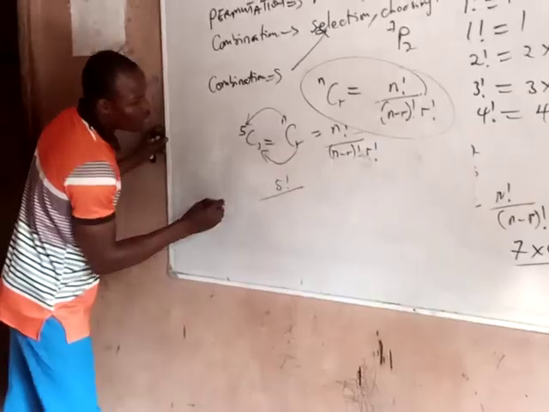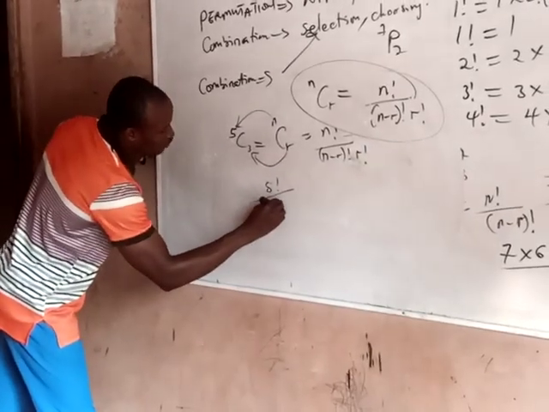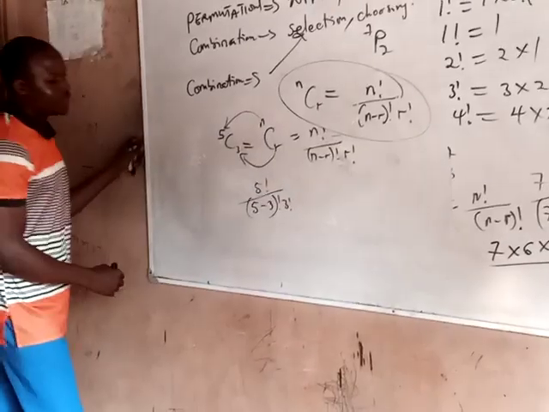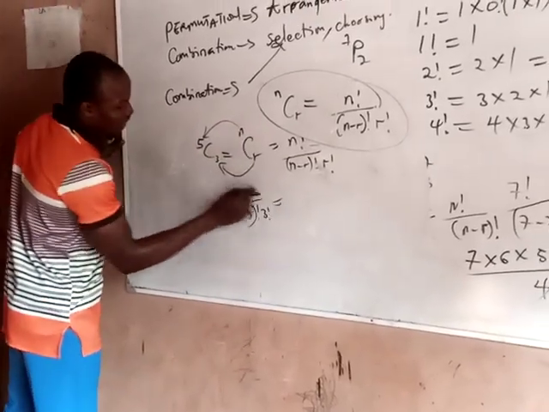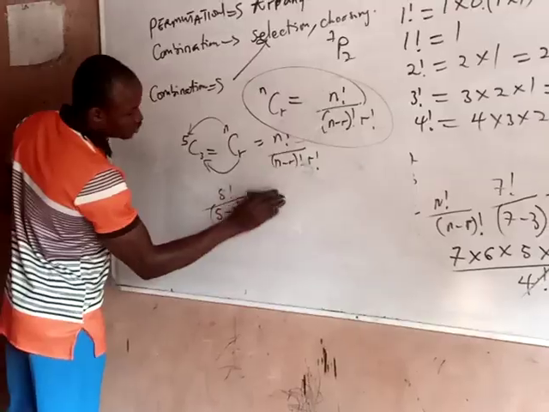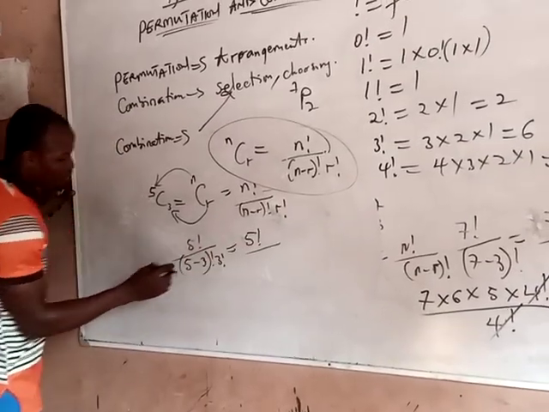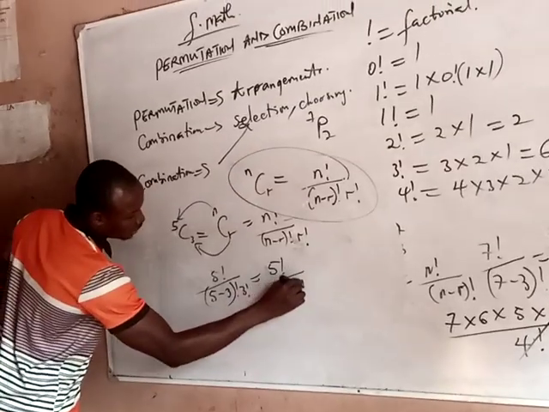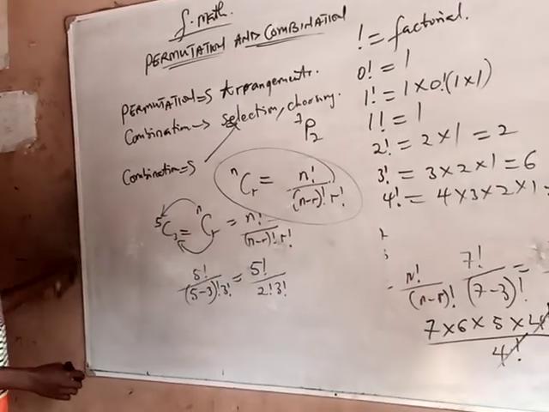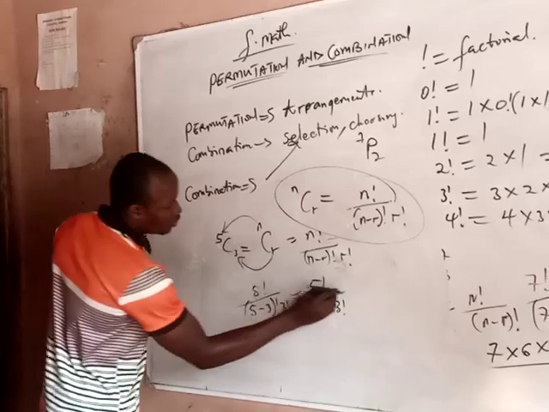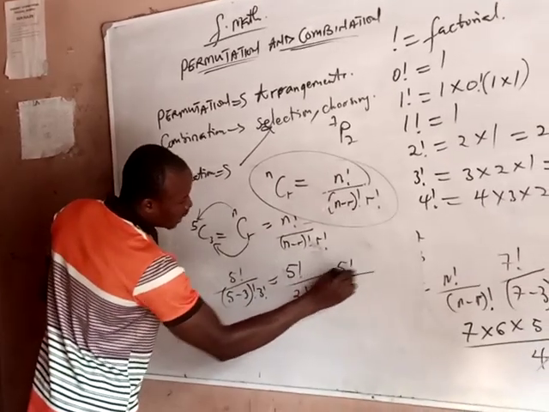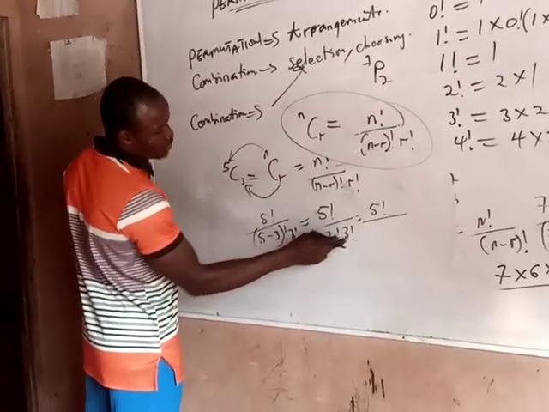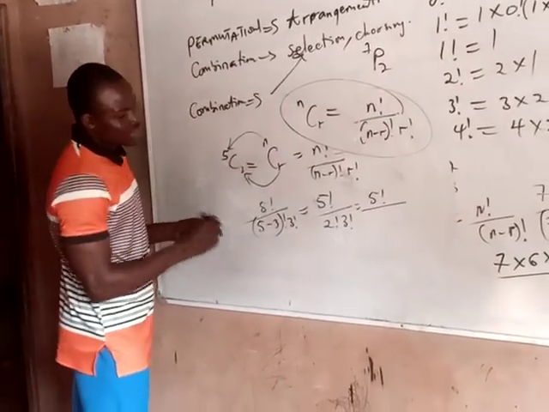5 factorial over (5 minus 3) factorial, then 3 factorial. 5 minus 3 is 2, so you have 2 factorial and 3 factorial. Which one is the highest? 3, right?